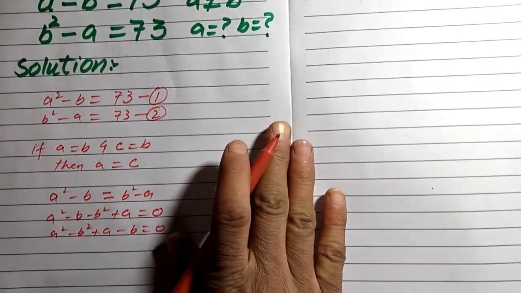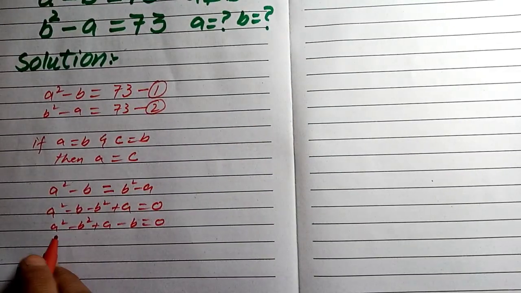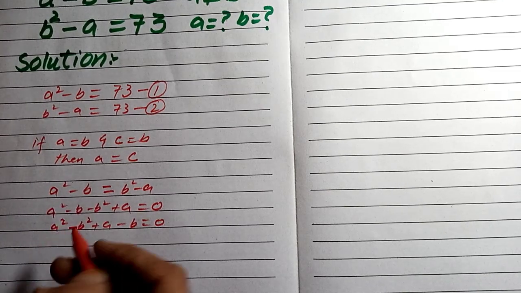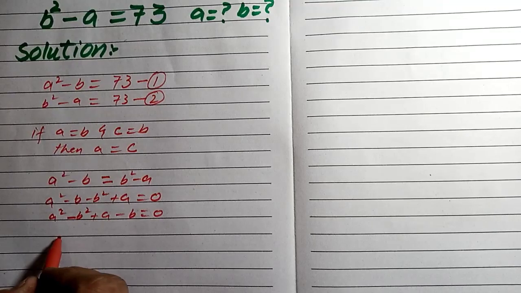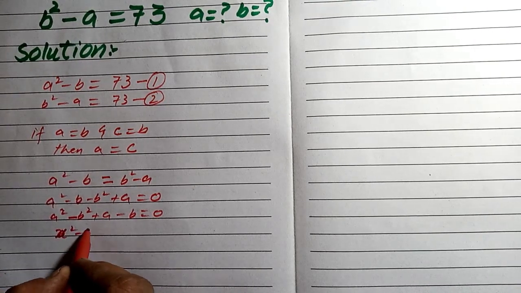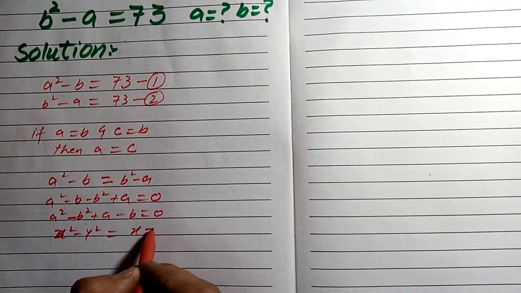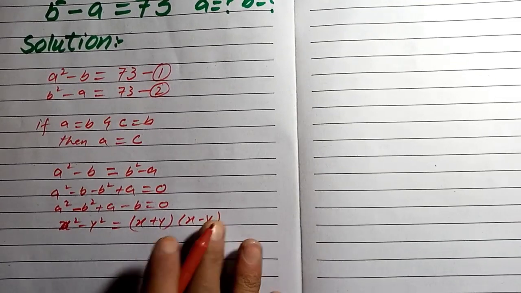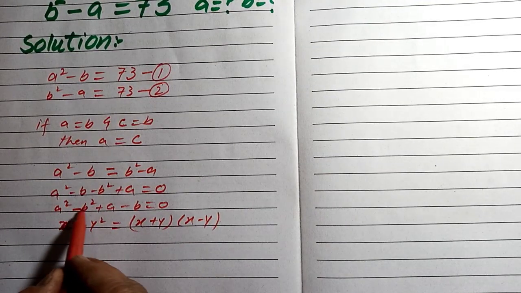If we see this question, there is a formula. We know that x square minus y square is equal to x plus y times x minus y. So here a square minus b square, we can write as a plus b and a minus b.